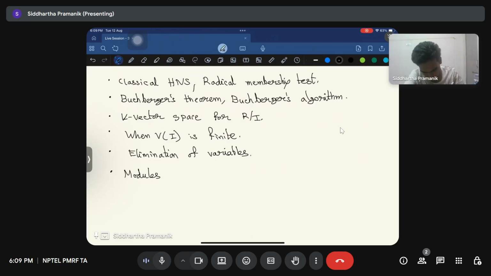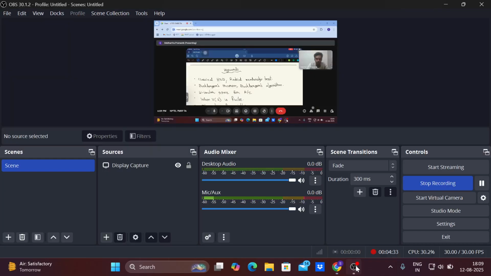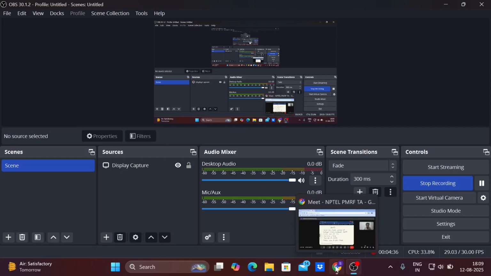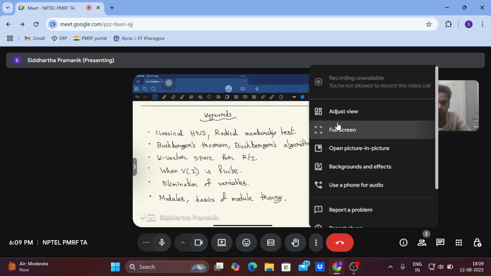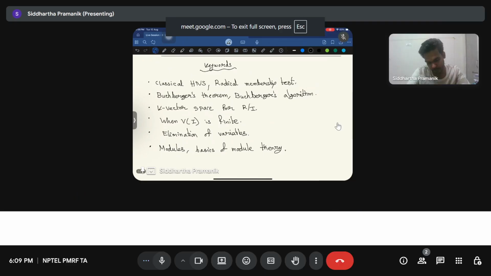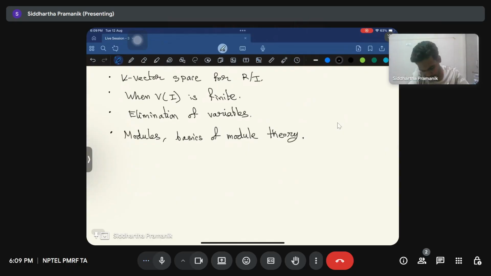So we have seen the definition and some examples of modules, and basically some basics of module theory. So these are the contents. Now let's start solving some problems related to this content.